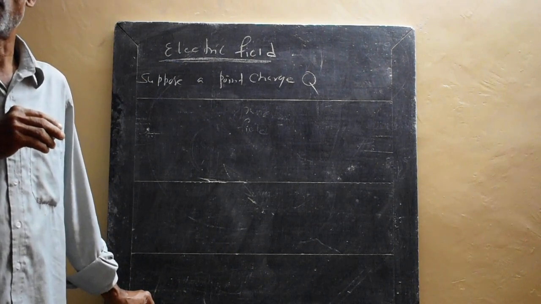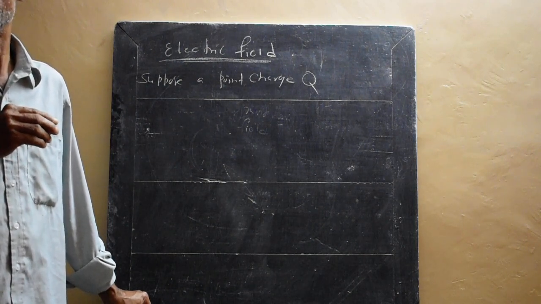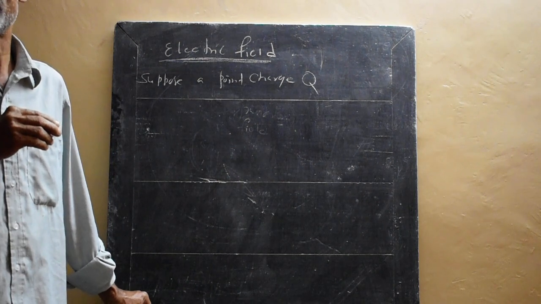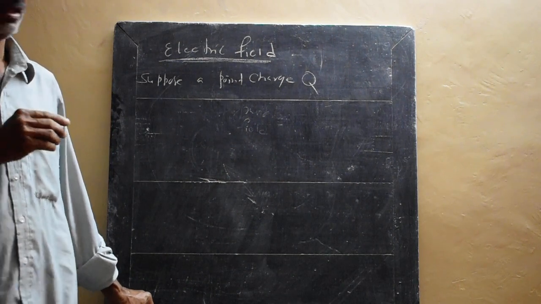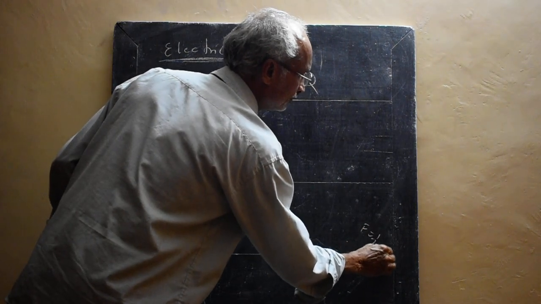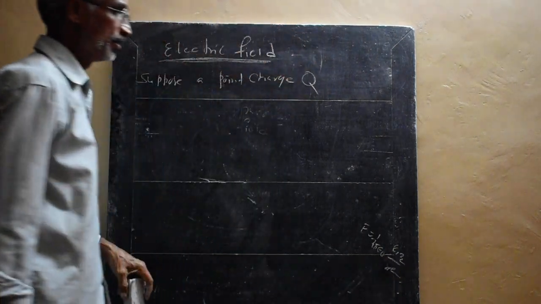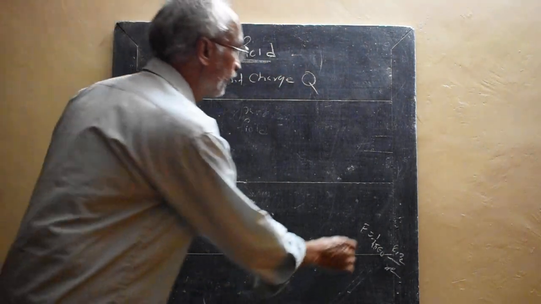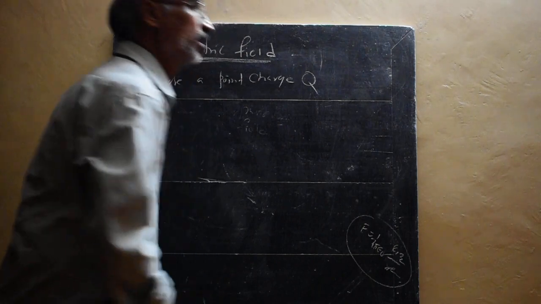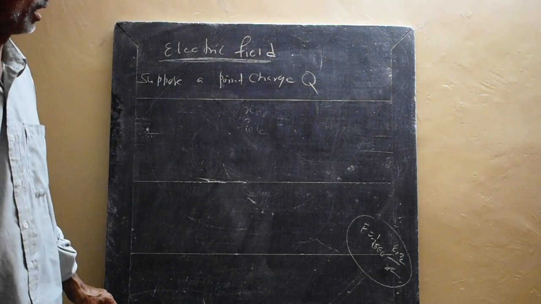By Coulomb's law, the electrostatic force between those two charges is F equals 1 upon 4 pi epsilon, Q1 into Q2 upon R square. R is the distance between the charges Q1 and Q2. This is the magnitude of the electric force between the two charges.